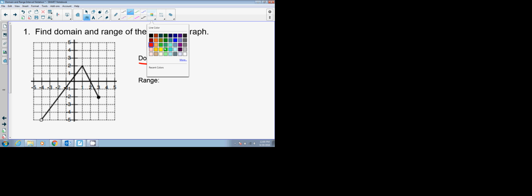So what I'm going to do, so that way we don't get confused, is cover up all these y values because I do not need them in order to find domain. I'm just coloring over them so that way we don't get confused. We're only looking at the width of the graph for domain.